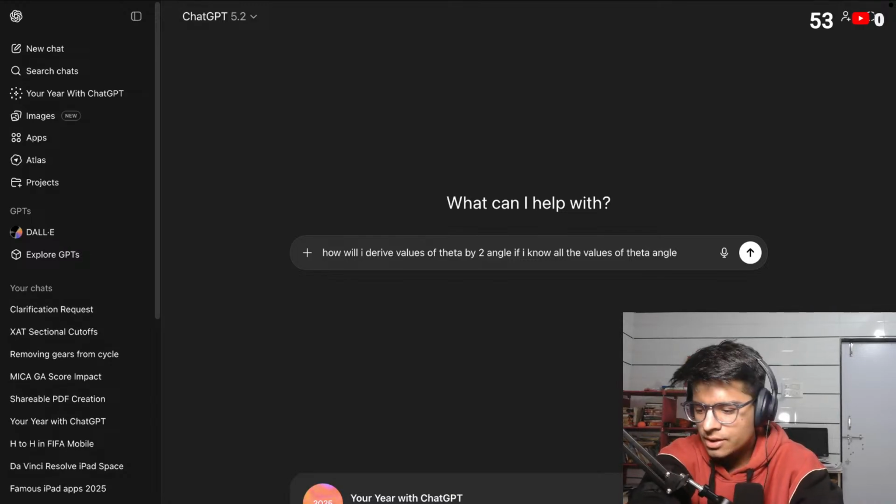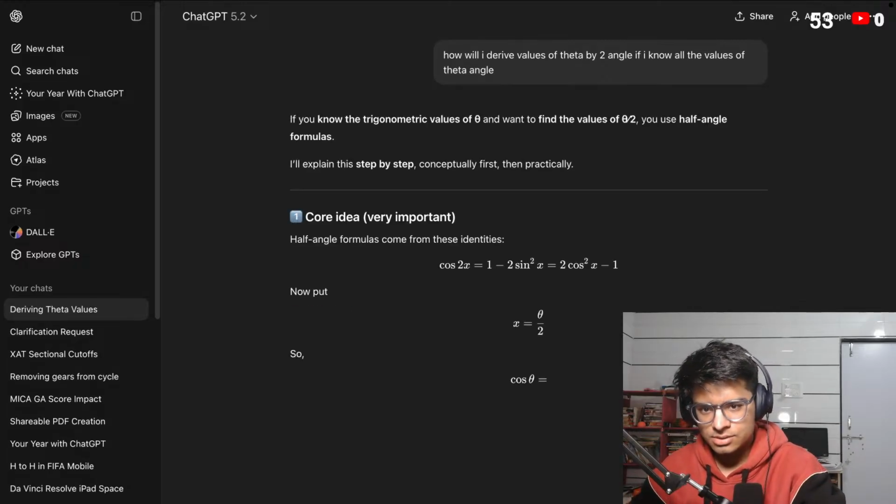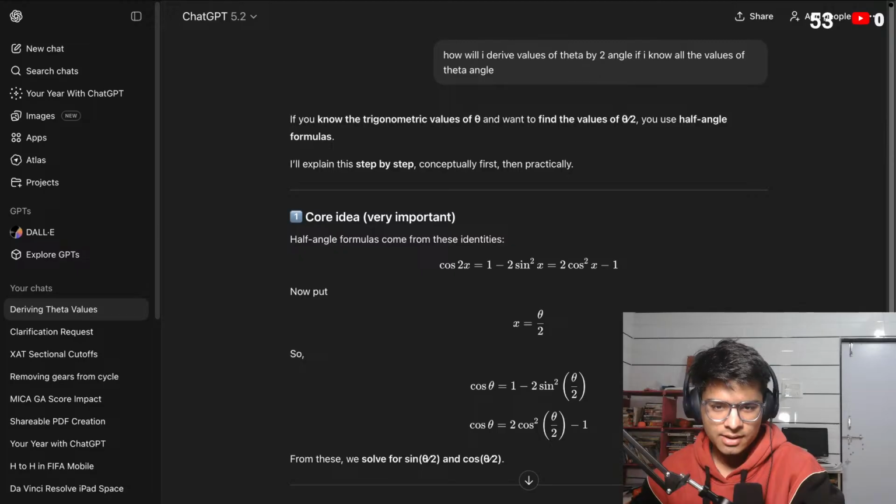That's all we know currently. I take values of theta and want to find the values of theta by 2.